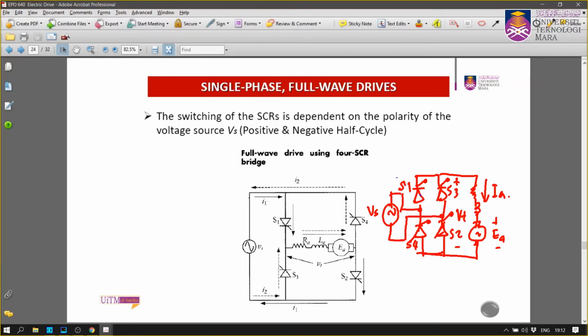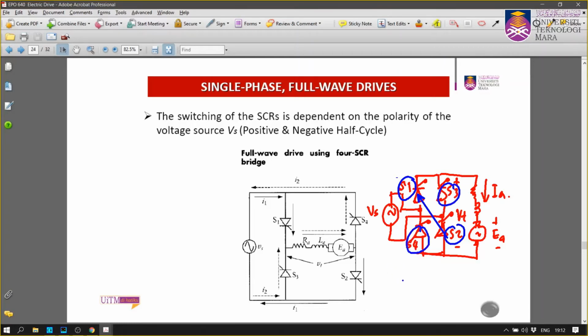So you normally will have the same signal for both diagonal switches here. So S1 and S2 will receive the same signal, and S3 will operate the same as S4.